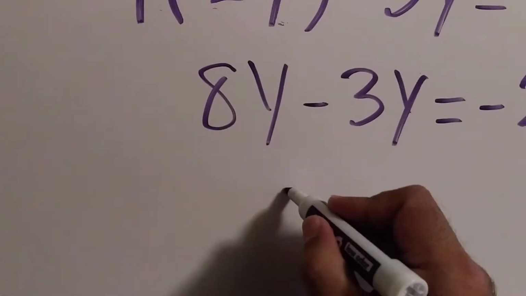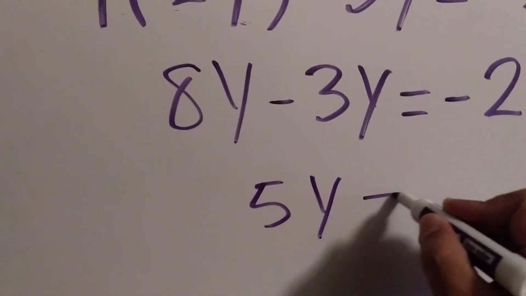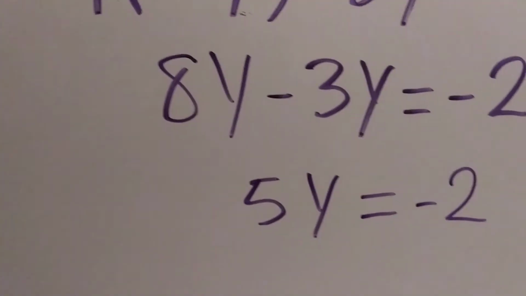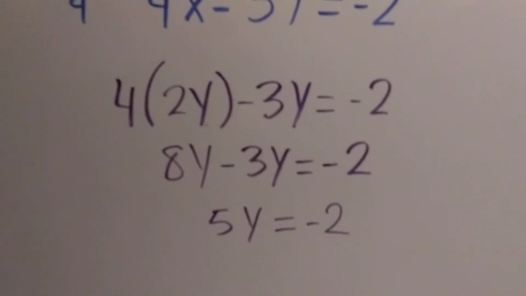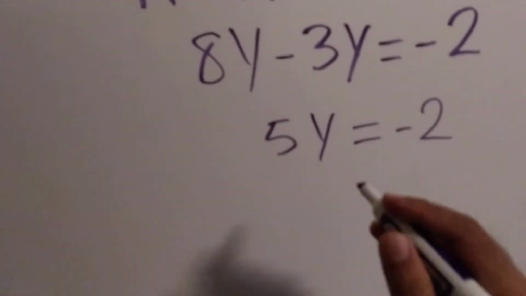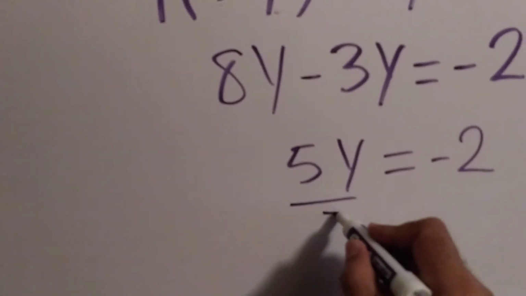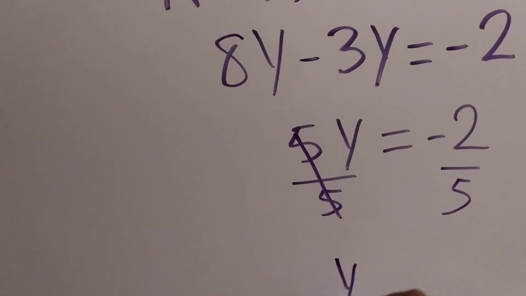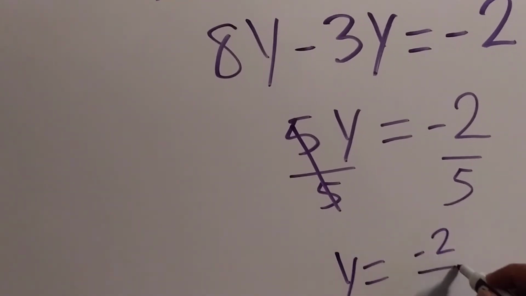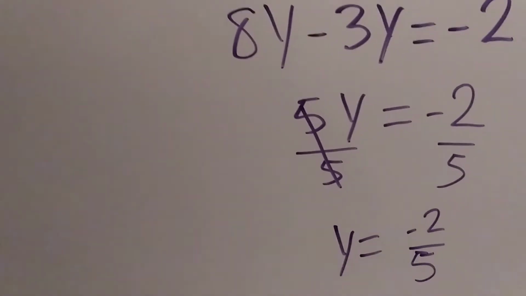That gives us 5y equals negative 2. So we continue solving and divide both sides by 5. And here we have y equals negative 2 over 5.